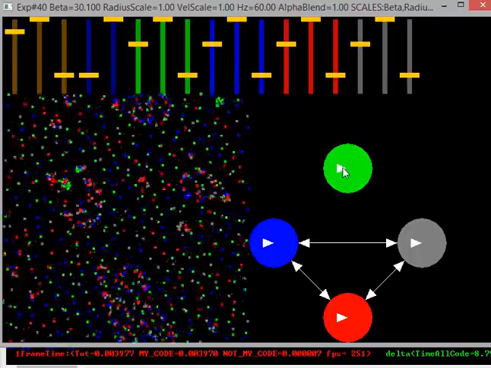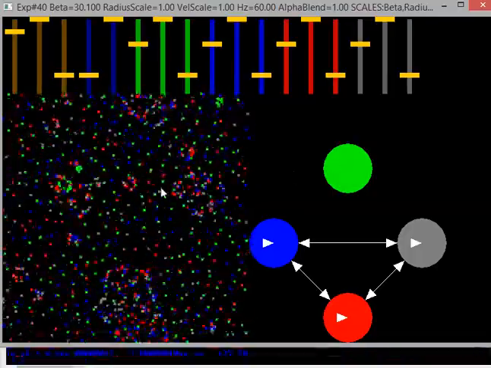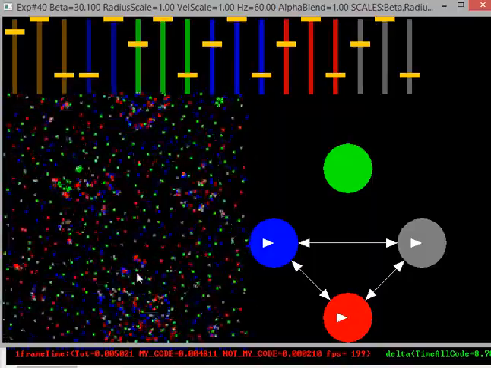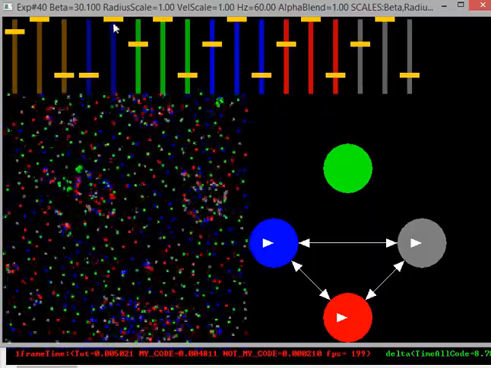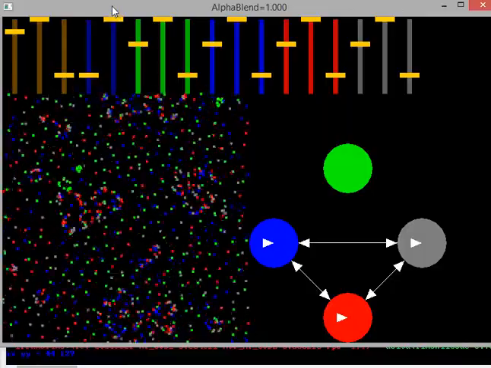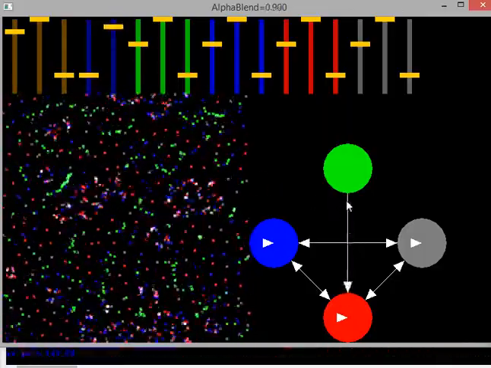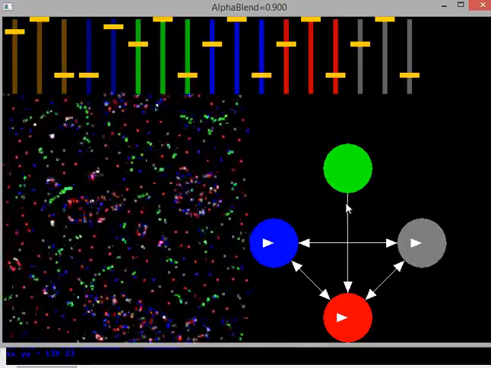If I turn this off, green will stay frozen, sort of, just oscillating between two positions, each little particle, because it doesn't see itself. Let's do this. Ooh, that's interesting.